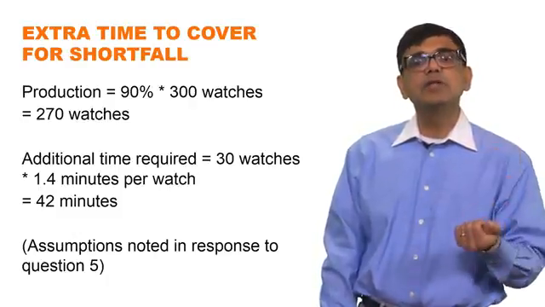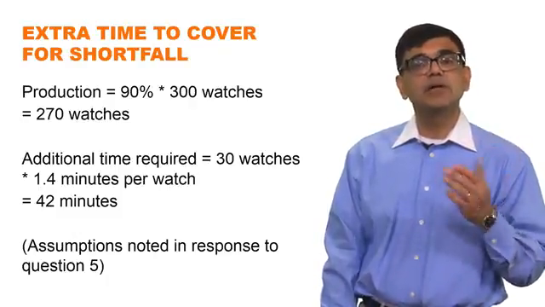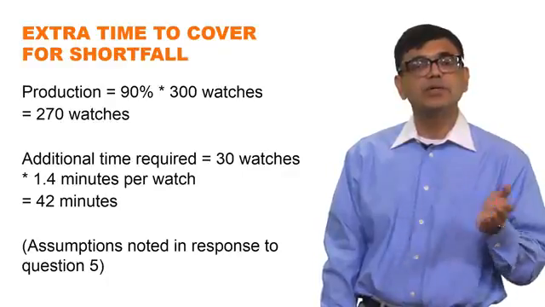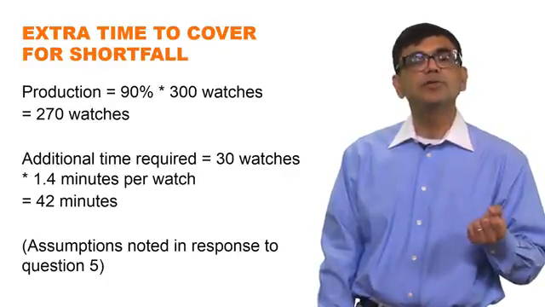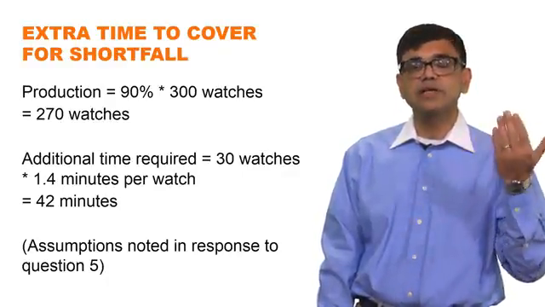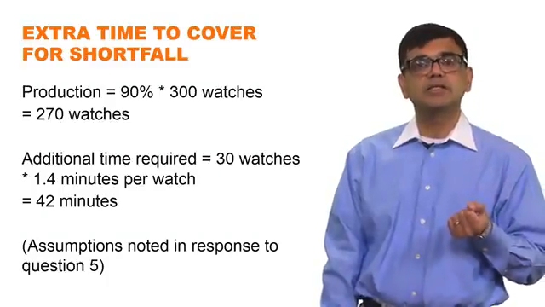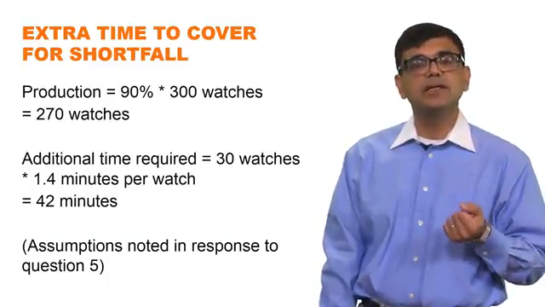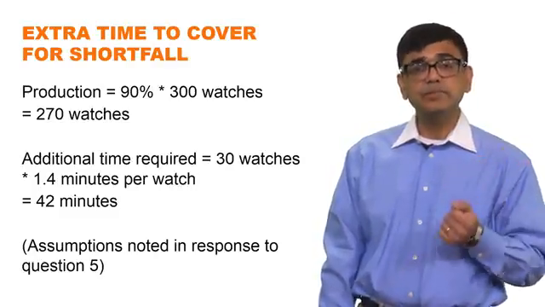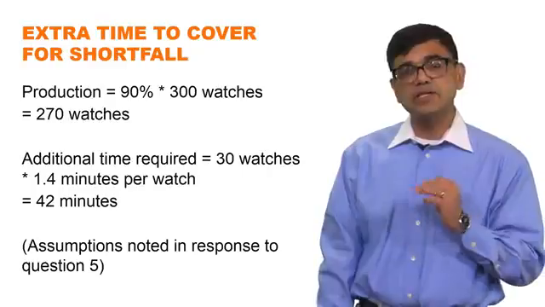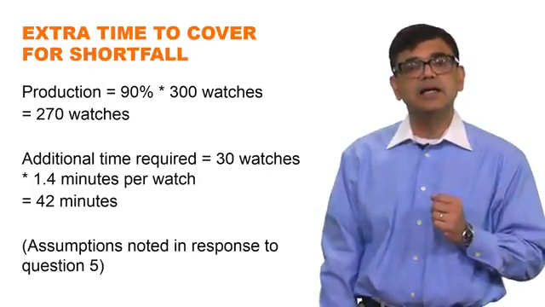And you remember there were 5 workstations, so you would have to take the 42 minutes at each of those 5 workstations if you were thinking of the total additional cost that you would need to calculate in terms of overtime, right? Now, this needs certain assumptions, and we'll talk about the assumptions later.